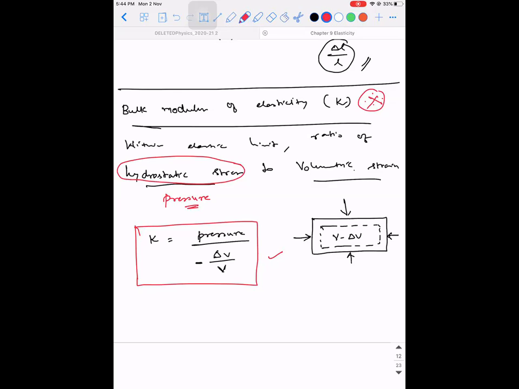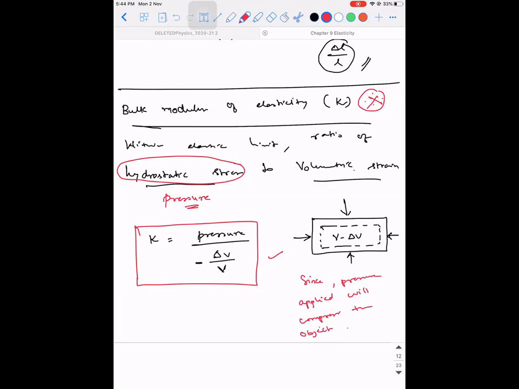Could you explain again why it's minus delta V by V? Because volume decreases. Since pressure applied will compress the object, it will not expand.